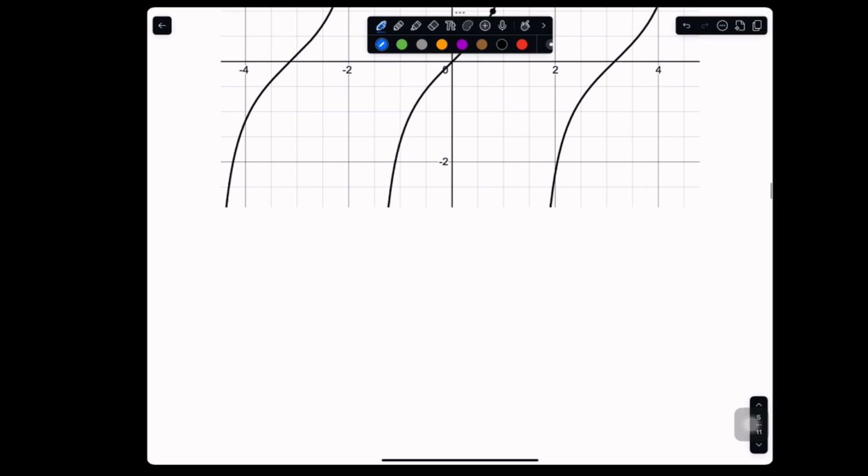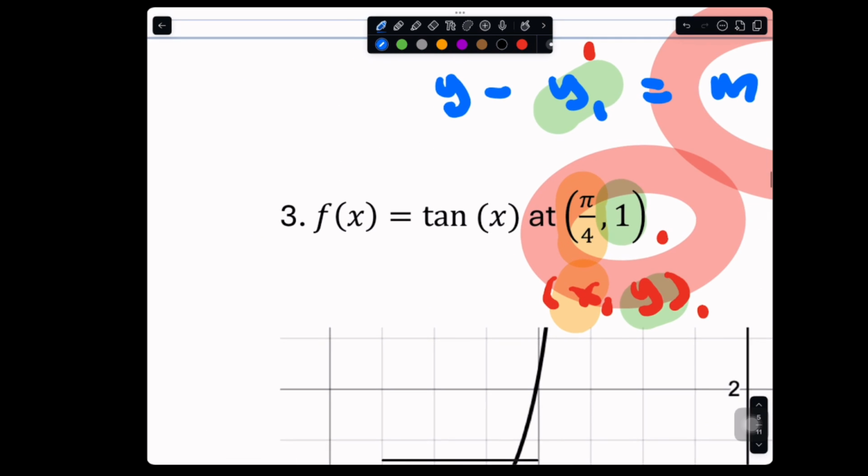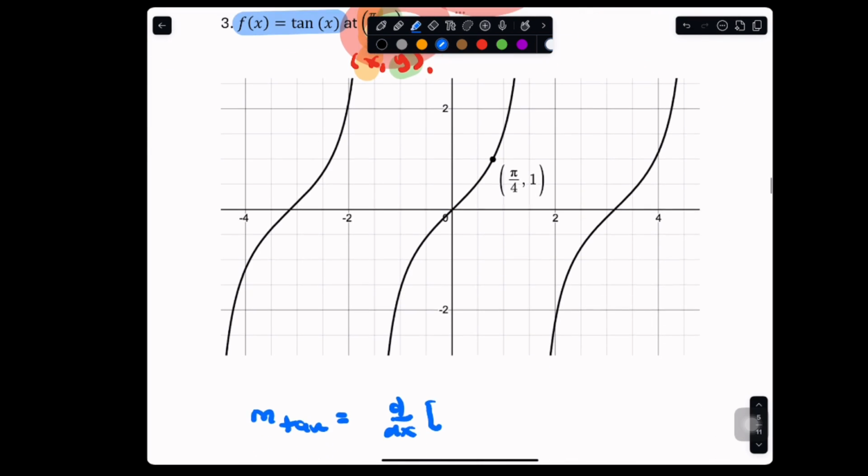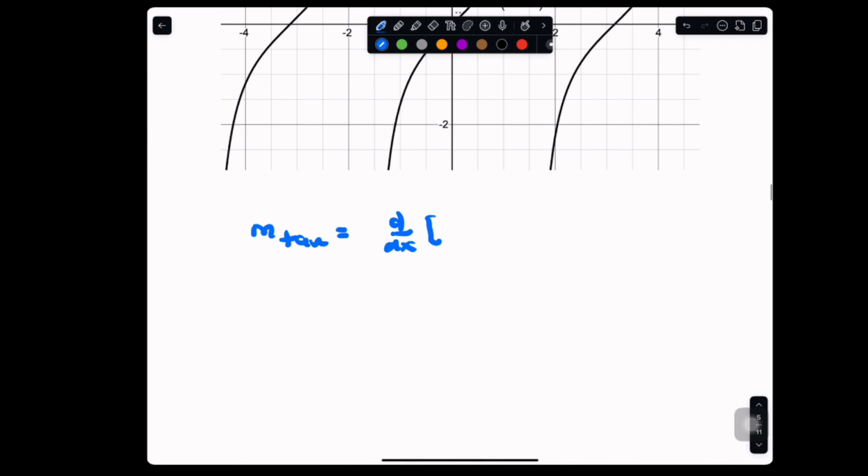Well, the definition of m tangent, as we have seen, is the derivative of, what's the curve here? The curve happens to be what? Tangent. Is that right? So if you have the tangent curve, we got to evaluate this at the value x equals, I believe, 1.